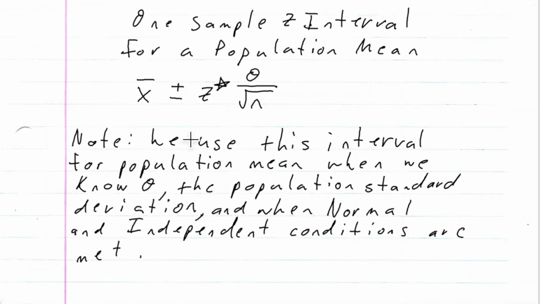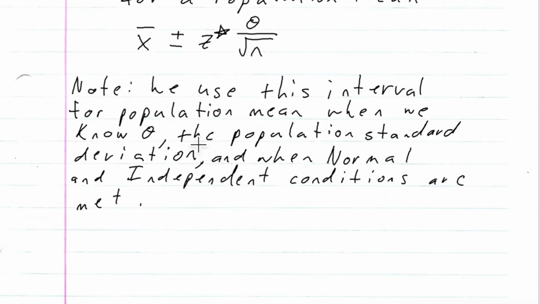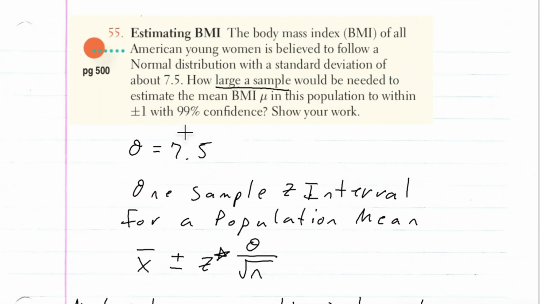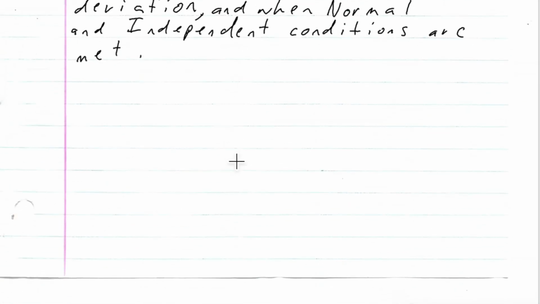Okay, so what we're going to do is for the margin of error, we know it has to be between plus or minus 1. So the margin of error is going to be z star times the population standard deviation over the square root of n has to be less than or equal to the maximum margin of error.